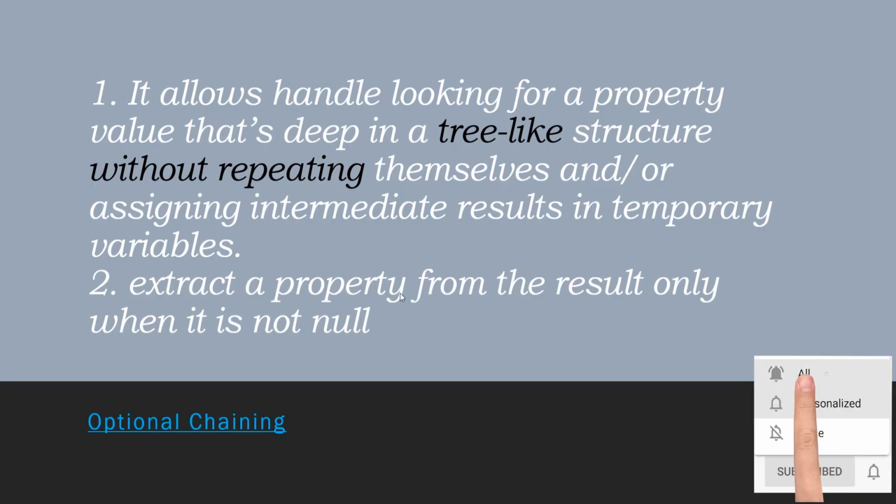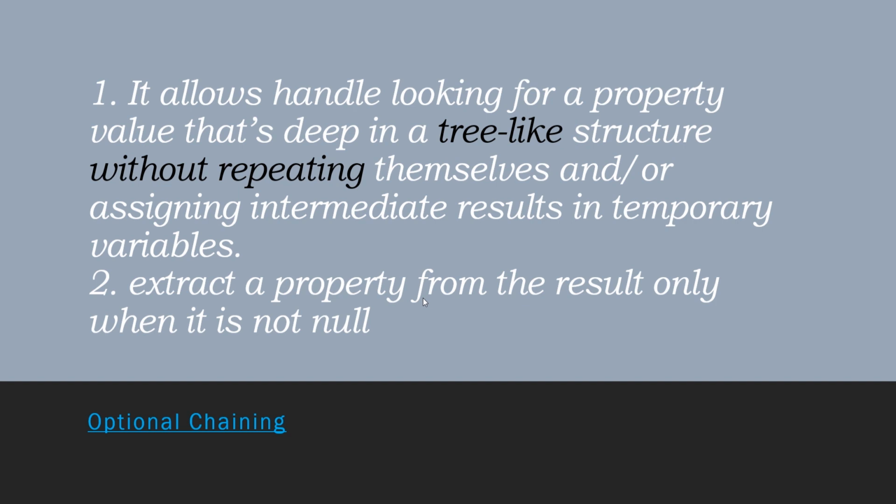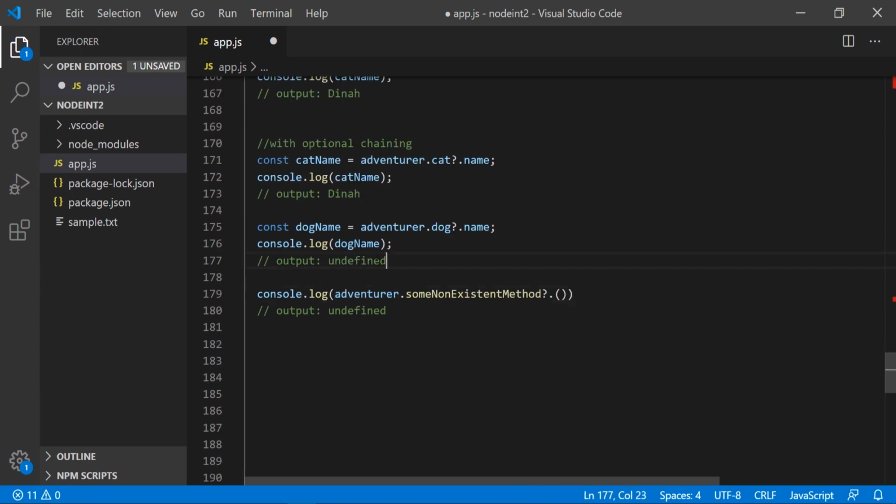So it will extract a property from the result only when it is not null, and if it is null, it will not throw any exception, it will only show undefined, like in the case of dog. Also we can check for a method or function. If it is not defined, it will return undefined instead of an exception.